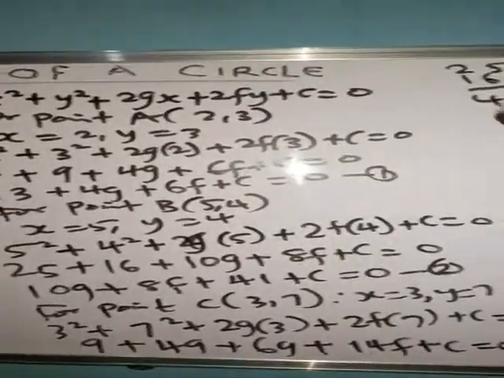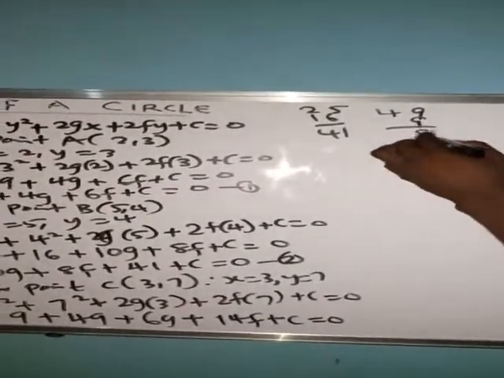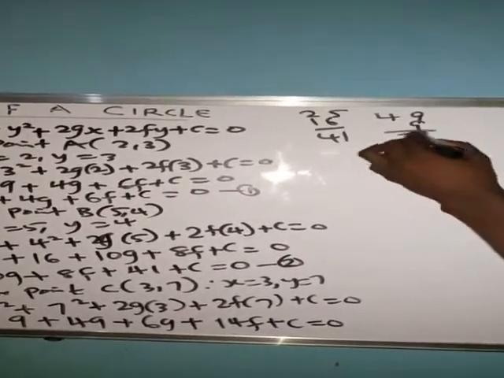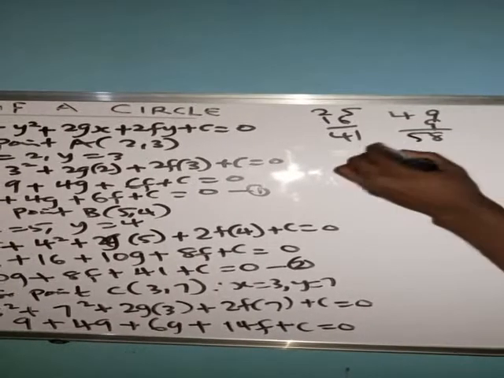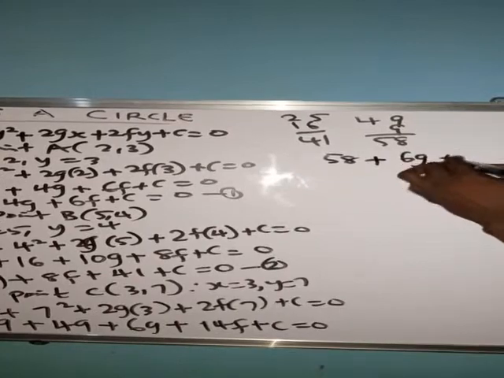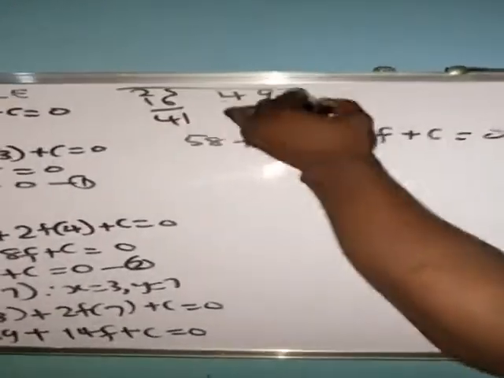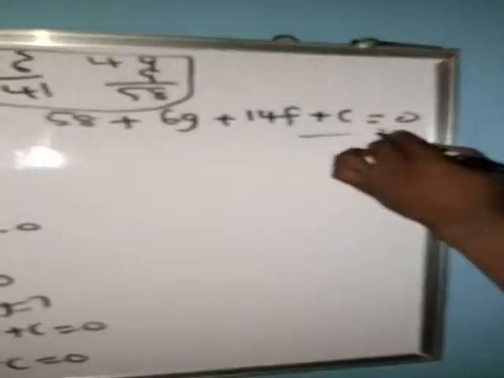So 49 plus 9 is 58. So we have 58 plus 6g plus 14f plus c is equal to 0. This is equation 3.